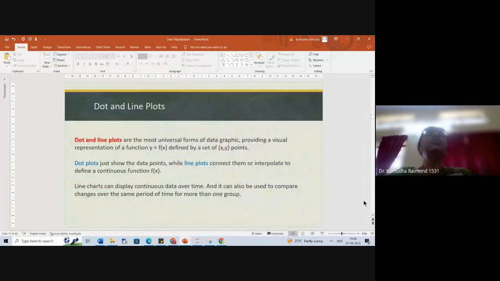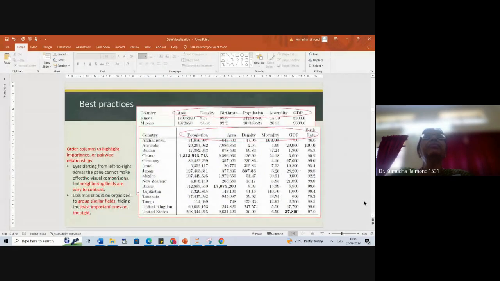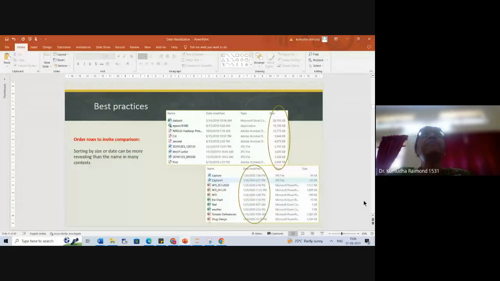So we saw about the tabular data. We saw some of the good practices of how to write tabular data, and which practice will really help me catch the information in the given data. But according to me, those are the best practices.